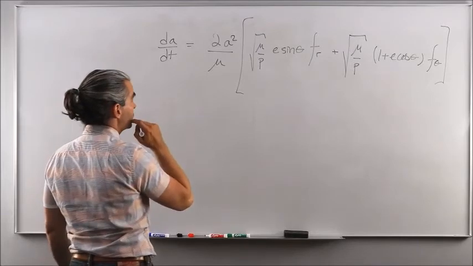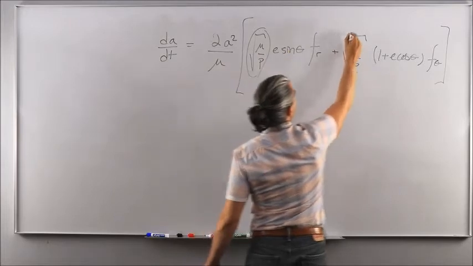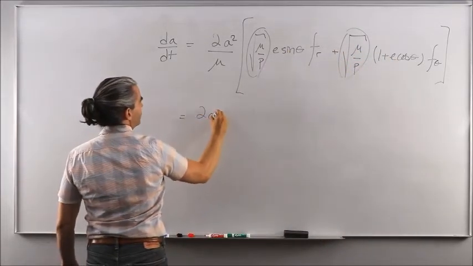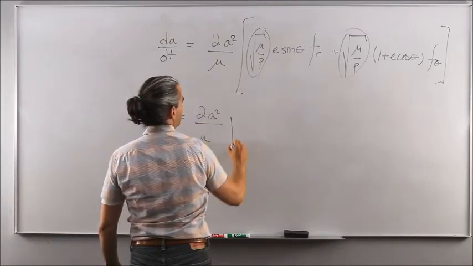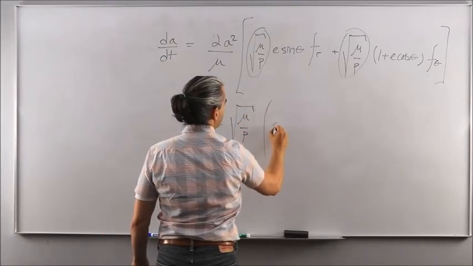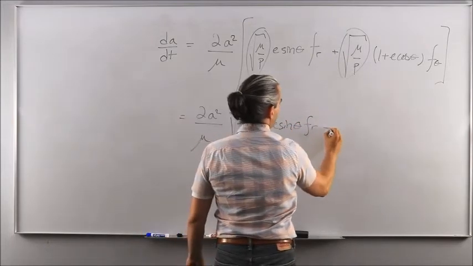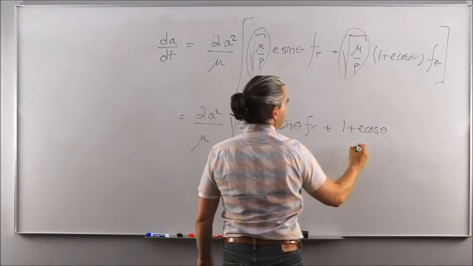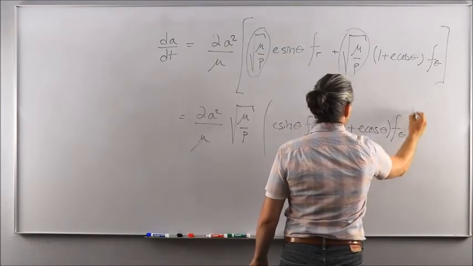Okay, so obviously the next step is to factor out this term and those two guys, and we write it as 2a squared over mu times square root of mu over p multiplies e sine theta times f_r plus 1 plus e cos theta times f_theta, like that.